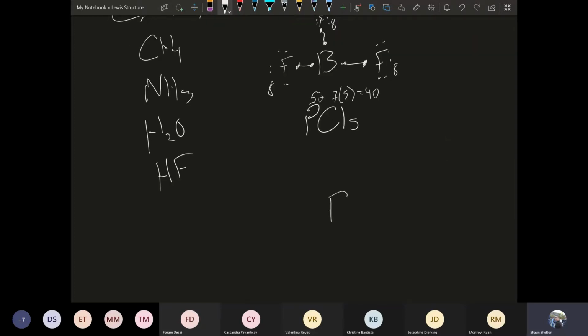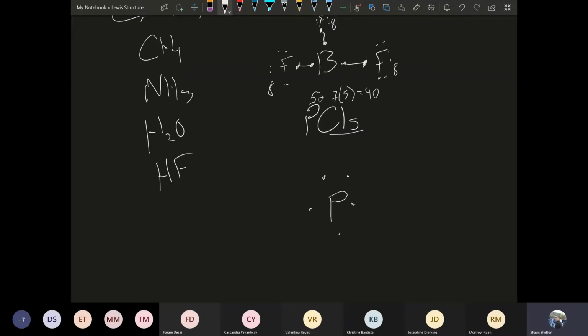So phosphorus has 1, 2, 3, 4, 5. It has 5 valence electrons. This might be the part that confuses you because you'd want to draw an earlobe around the lone pair, which you should not do. I'm going to draw this a little bit differently because we have to make room for 5 chlorines.